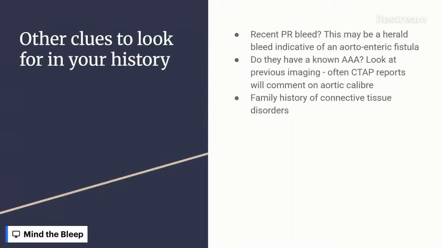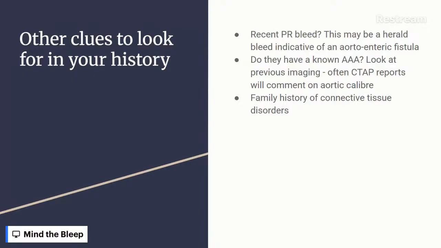So other clues that you might want to look for in your history. So there could be a recent PR bleed, and this could be indicative, of course, less common, but indicative of an aortoenteric fistula, which can take place. Has the patient already got a known AAA? The way to find that out is by looking through the clinic letters, maybe if they're already known as a vascular patient, or previous CT or ultrasound abdomen reports.